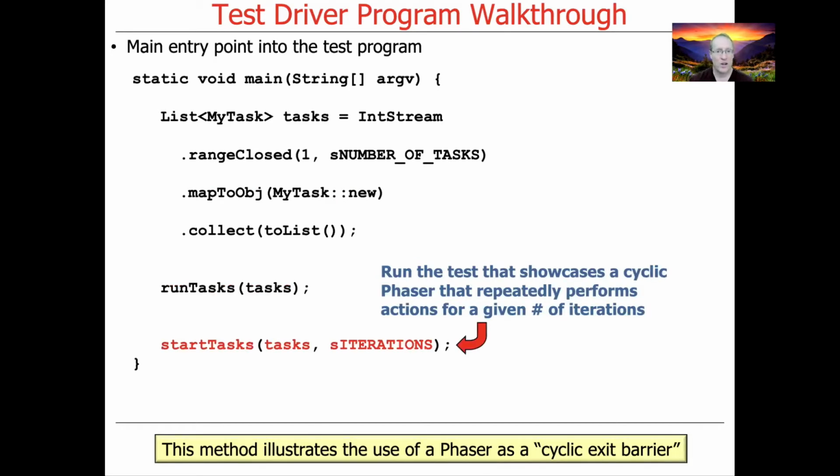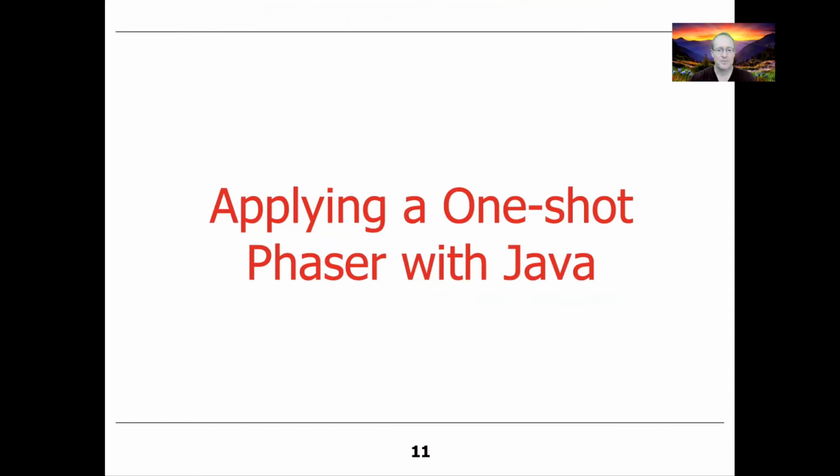And then we're going to run another test method called startTasks, which passes in the tasks and the number of iterations we want to run. And that will basically demonstrate using a phaser in a cyclic fashion that'll repeatedly perform actions for the given number of iterations, which in this case is S iterations. So this is illustrating the use of a phaser as a so-called cyclic exit barrier.